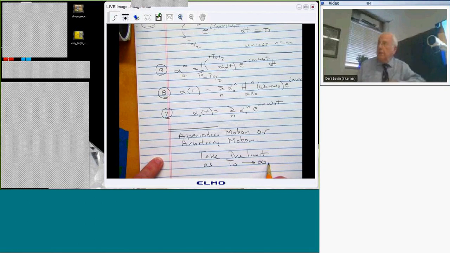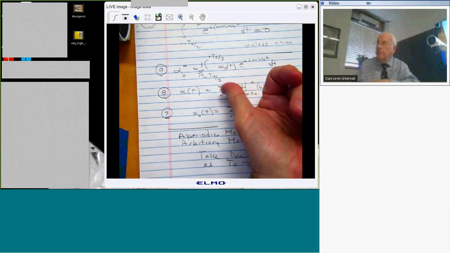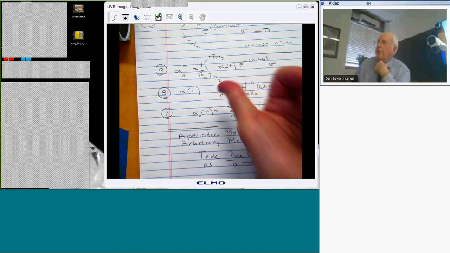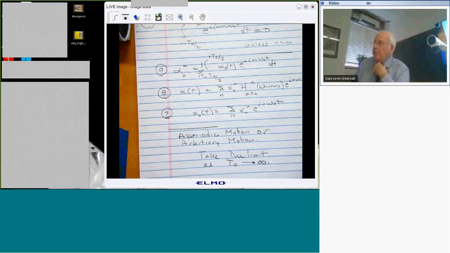So we're going to take the limit, and when we do that, these series, these summations, will become integrals. That's another reason to read Hildebrand and think about integral equations. All these summations are going to become integrals, and the Fourier series will become a Fourier transform. And if you're dealing with dynamics of linear systems, Fourier transforms are the way to go. And for those of you who were taught once upon a time that Laplace transforms are the way to go, not to worry.